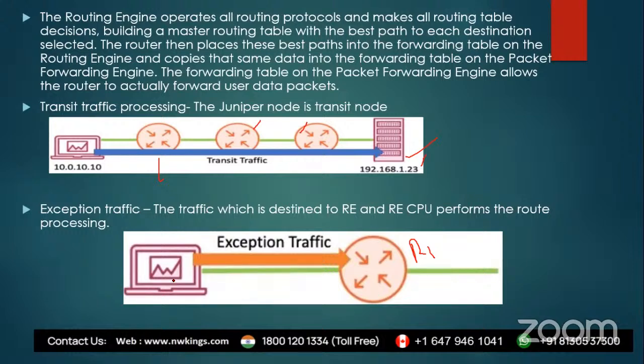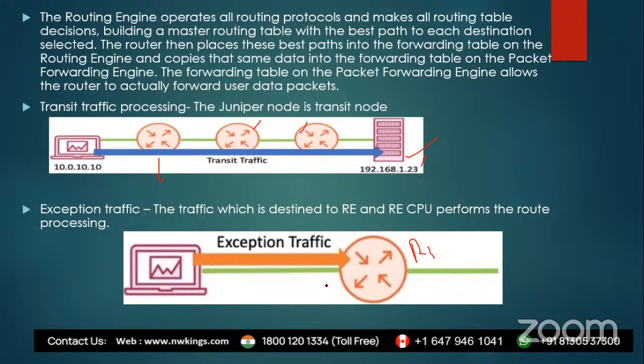If you ping from the PC to the router, the packet arrives at R1. It will check that the destination IP address is 10.10.10.11. This IP address is assigned to one of the interfaces of this router. This packet is destined for me, so it will send it to the routing engine for packet processing.